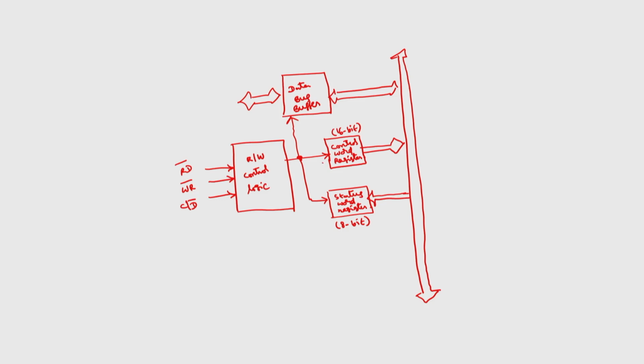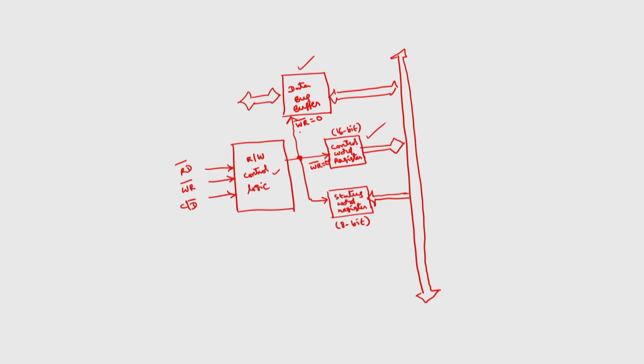As the name implies, in case of the control word register, write bar is 0 here. So, when write bar is 0, here also you can write data. If write bar is 0, whether the read write control logic will refer to the data bus or the control word register will be decided by C by D bar.